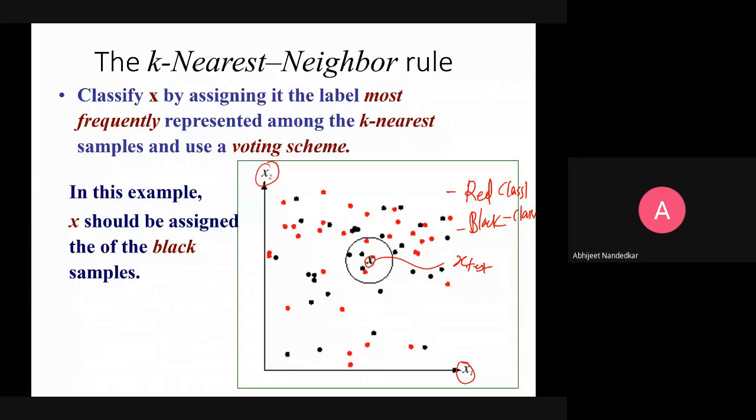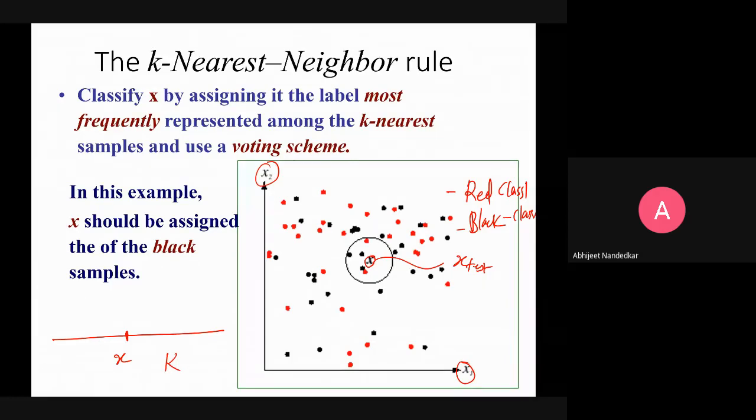So what this method will do, irrespective of labels, say this is my x, suppose in 1D, irrespective of labels of the training samples, it will try to find k number of neighbors.